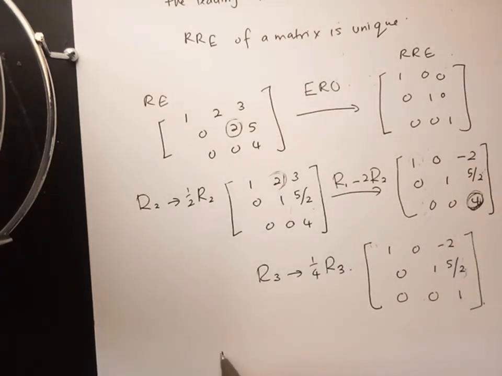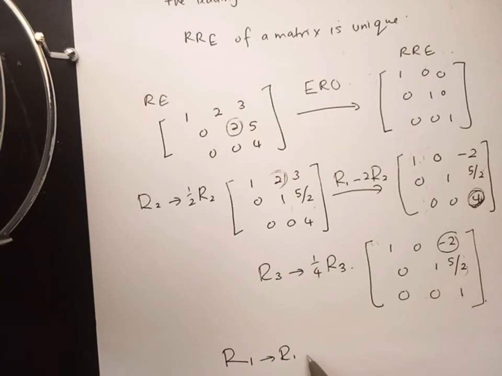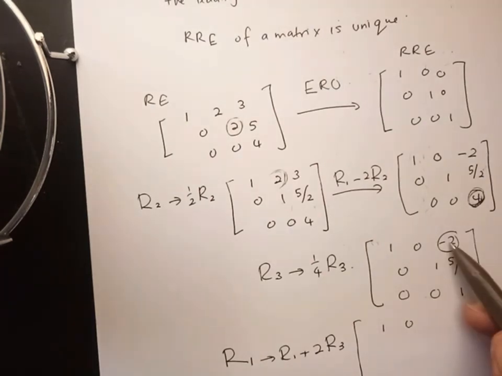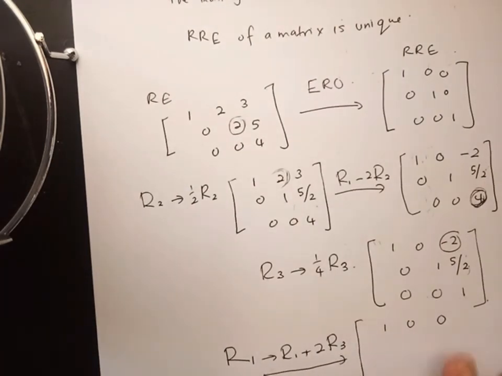To make row 1 here 0, we do the operation using the leading entry that we have changed to 1, which makes it much easier. Row 1 plus 2 times row 3, so row 1 here plus here is 0. And row 2 can be performed simultaneously.